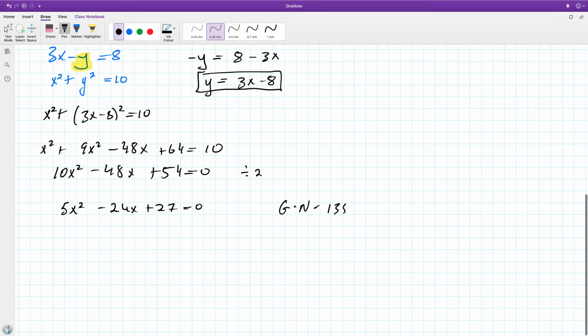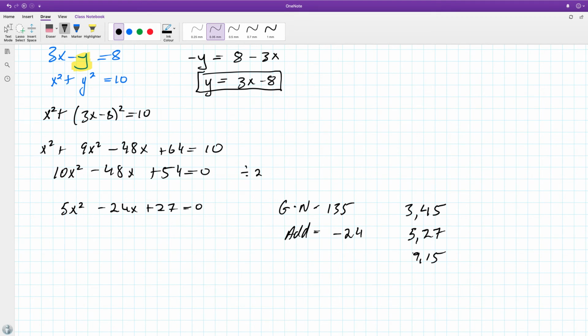Any way to make that easy? You can't. The guide number is 135, and we need two numbers that add to give minus 24. Is 3 going to go into it? 135 divided by 7, no. 135 divided by 9 is 15.